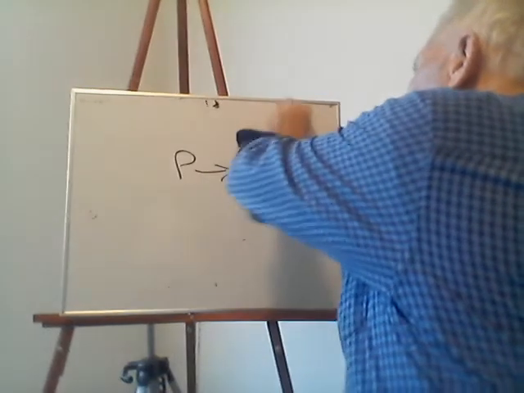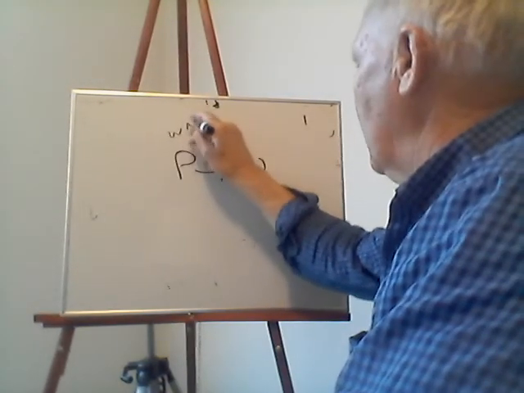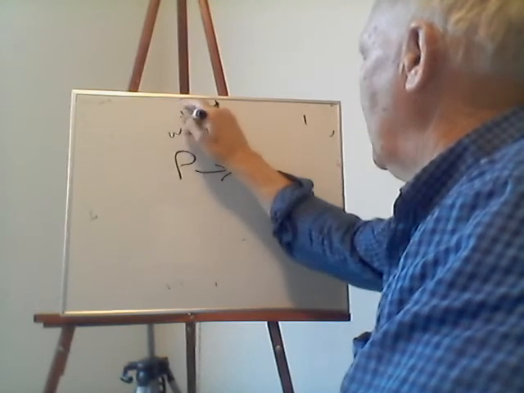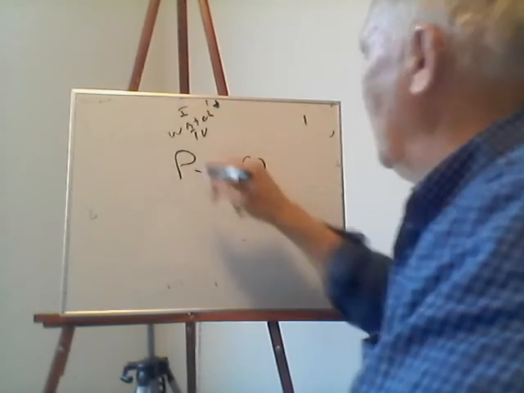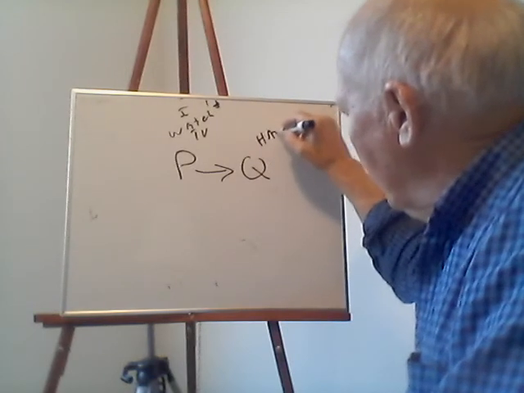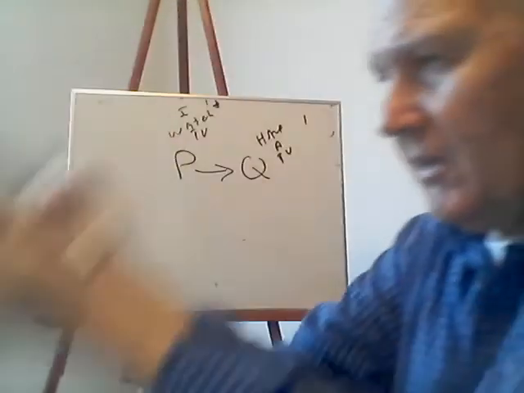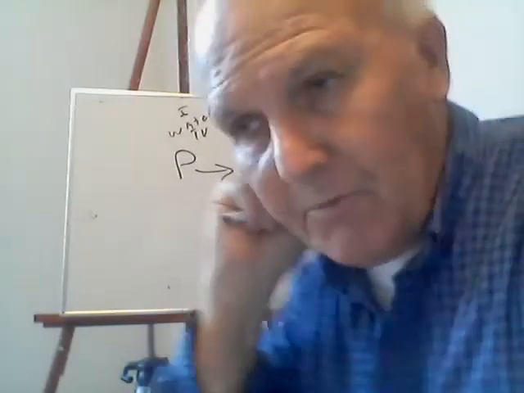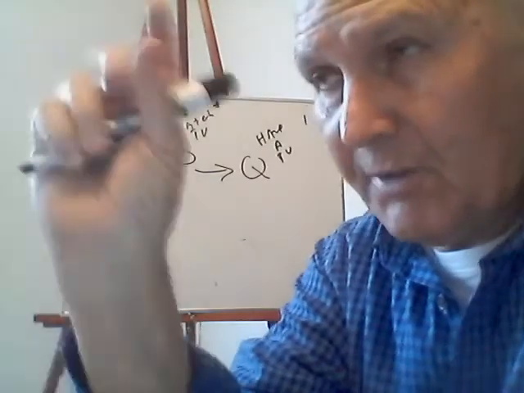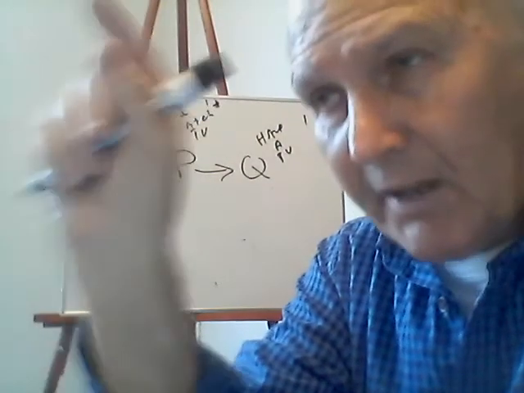So let's say I watch TV, okay? So P will be I watch TV. Well, if I watch TV, then obviously I have to have a TV. So watching TV is a sufficient condition for having a TV, because if I watch TV, that's all I need to know that I have a TV.